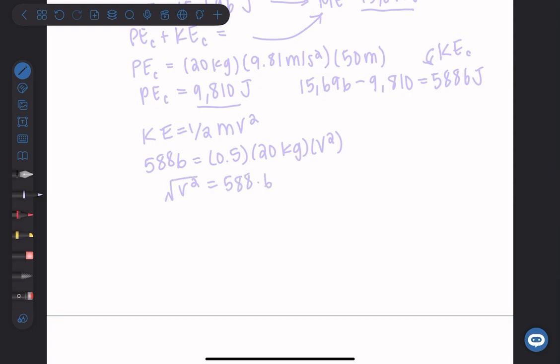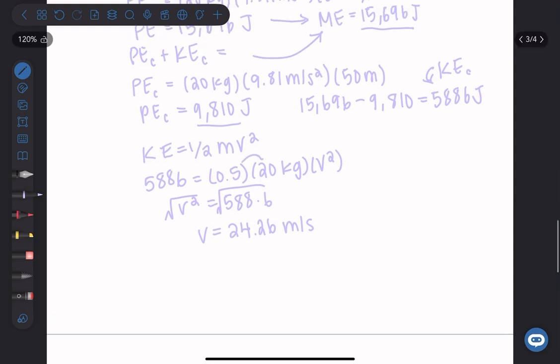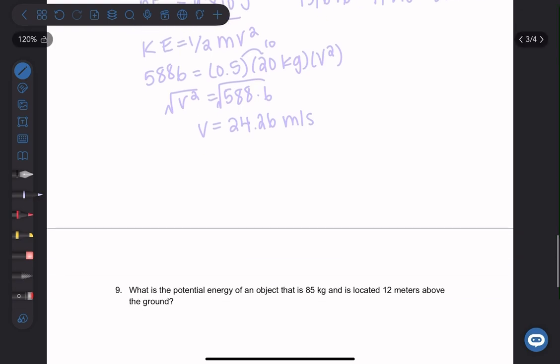Now I want to find the square root. And your velocity should be about 24.26 meters per second. Okay.